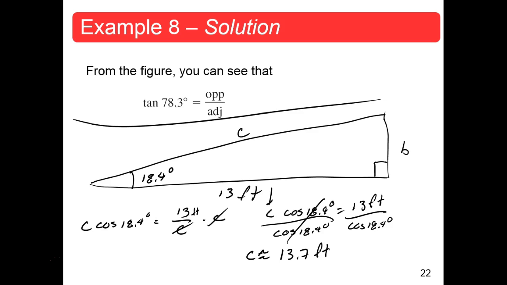Because we're going to have to use C for that, right? Well, C is a derived quantity. Number one, you probably rounded off. So you have a little bit of round off error. And you could have made a mistake. Then you'd be coming up with the wrong answer there.